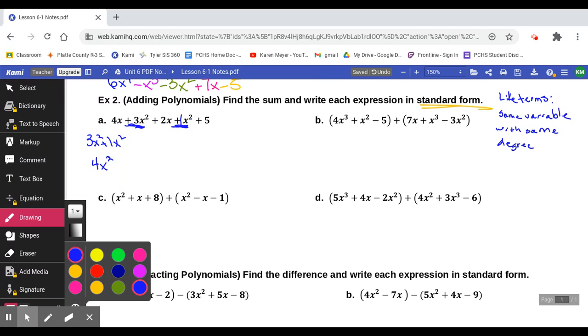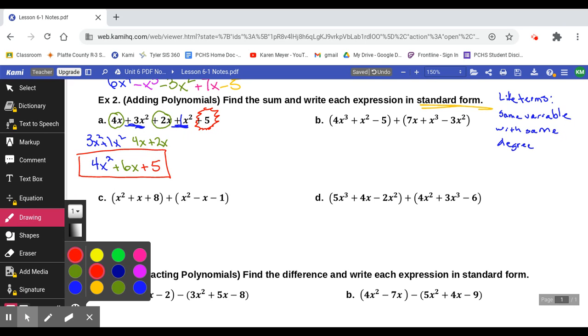The only thing I changed was the coefficient in front. So now we look for x's, and I'm going to circle those. So I got a 4x and a positive 2x. So 4x plus 2x, well, 4 plus 2 is 6, and then keep the x the same. And then plain numbers. Looks like the only plain number we have is a positive 5. So I don't have anything to add to that, so I just leave that alone. And then this makes up my final answer.